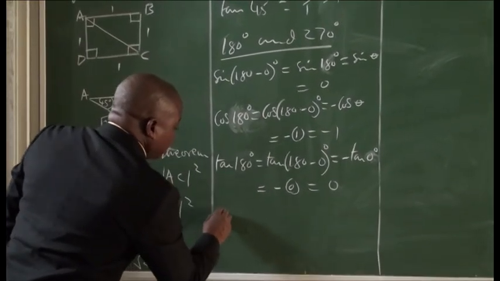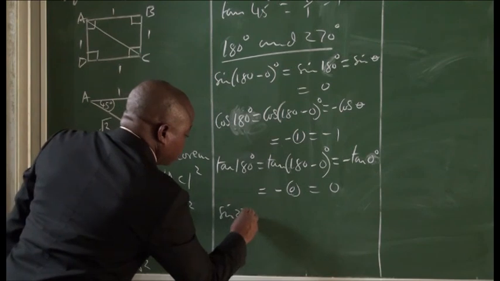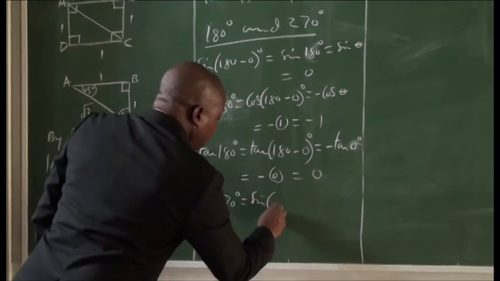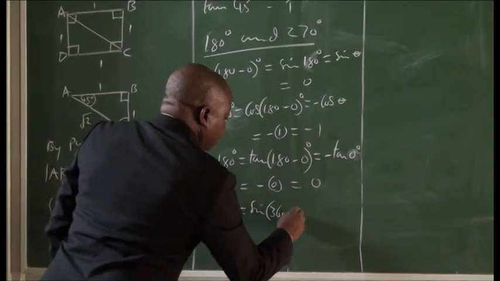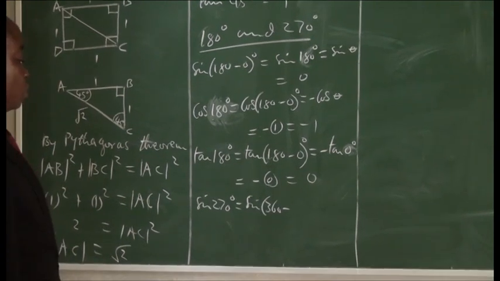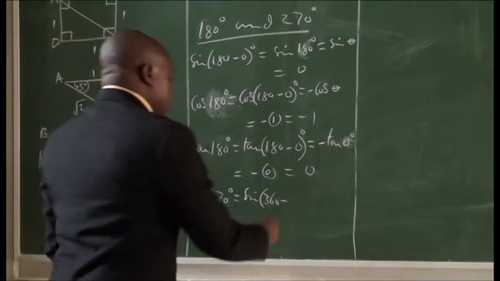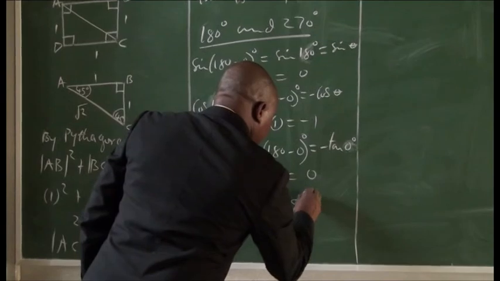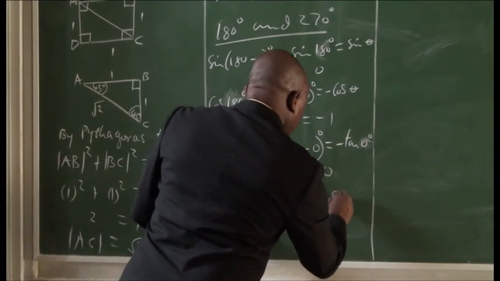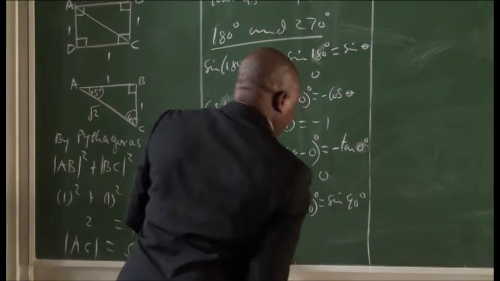So if you go to 270, sine 270 degrees is the same as sine of 360 minus 90 degrees, which is equal to sine 90 degrees.